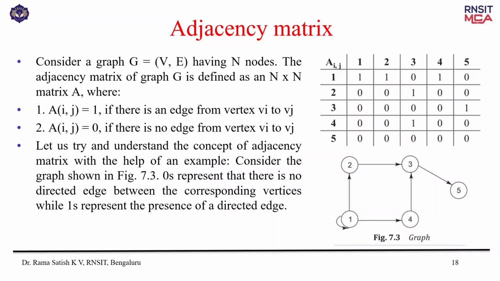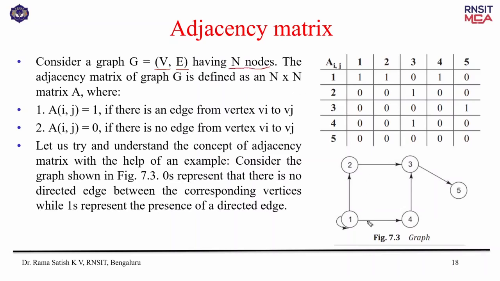If you have created a graph like this, it is made up of a set of vertices and a set of edges, as you know very well. This graph has n nodes.